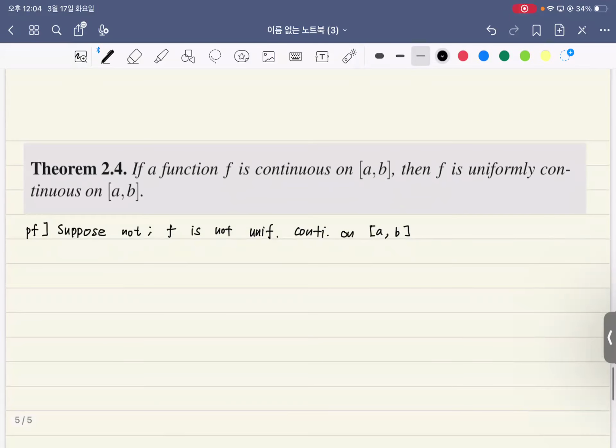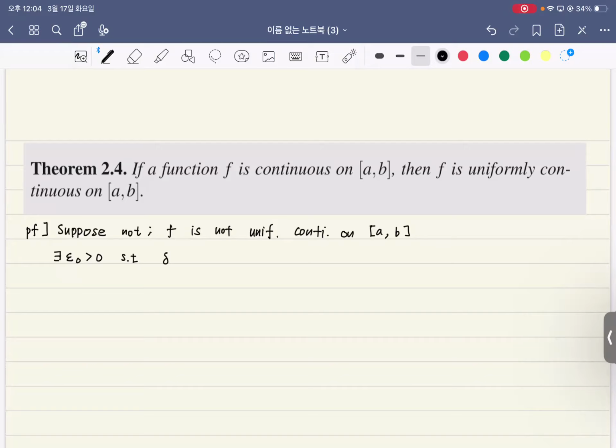So that means, try to remember the negation of being uniformly continuous, there is a positive real epsilon 0 such that no matter how small your delta is, you can find two points, x and z, in the interval I such that the difference of the function values is still greater than or equal to epsilon 0.